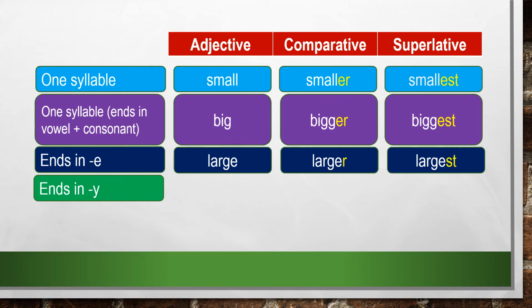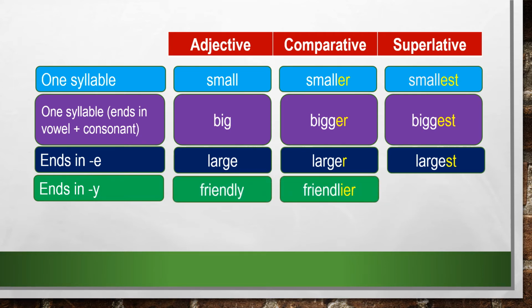For example, friendly becomes friendlier for comparative adjective and friendliest for superlative adjective. As you can see, we've dropped the letter Y and added IER and IEST. Kita tengok contoh friendly jadi friendlier, lebih peramah ataupun friendliest, paling peramah.